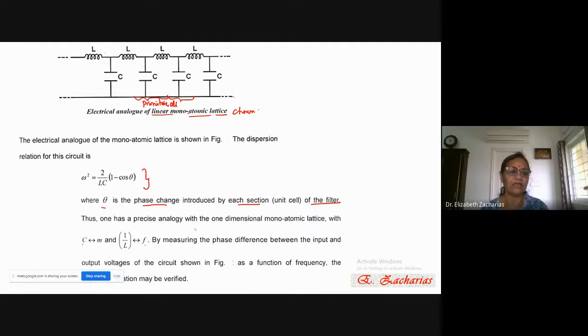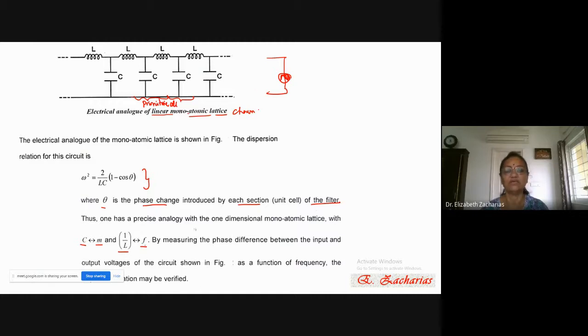Let us look at the analogy of the two. You will find that capacitance is the analogy for the mass of the atom, and 1 by L is the analogy for the spring constant, the force constant. Thereby, in a lab, you can measure the phase difference between the input and the output of the circuit as a function of frequency. Take this circuit and have a frequency source whose omega you can keep changing.